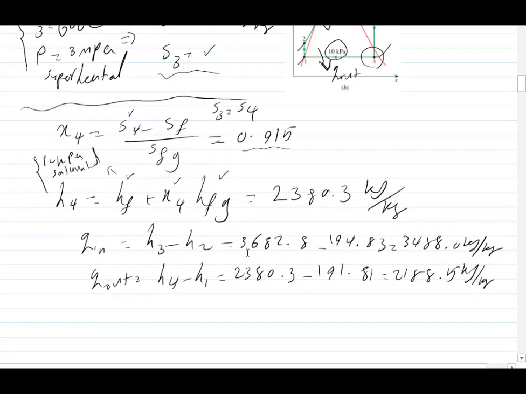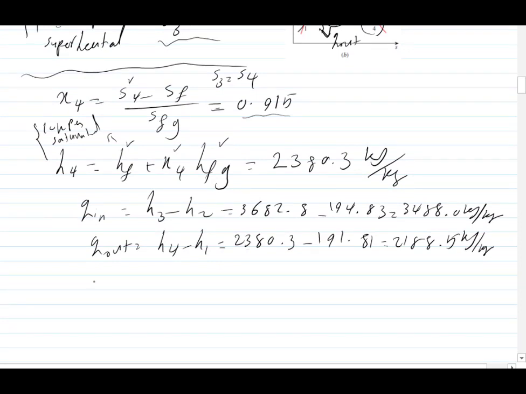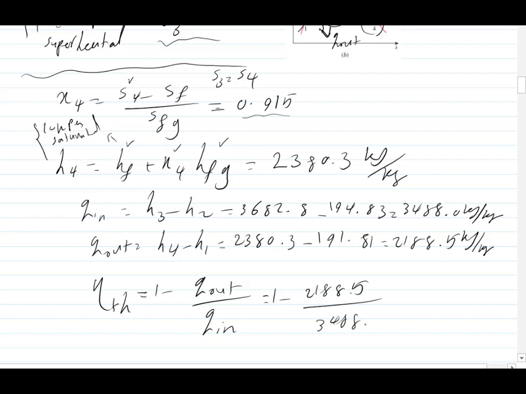Again, similar to part A, we need to calculate the thermal efficiency for this part, which, if you remember, the equation was this one. We have both Q in and Q out. By substitution of their values, we can calculate this thermal efficiency, which is 37.3%.